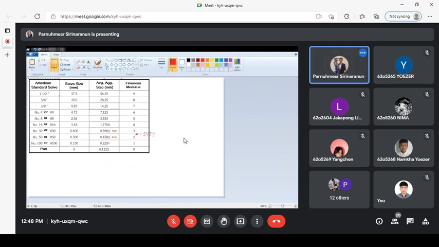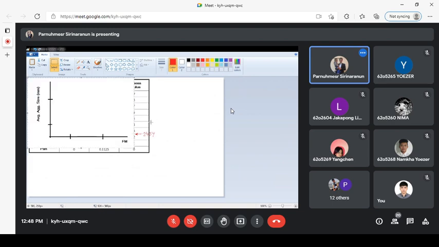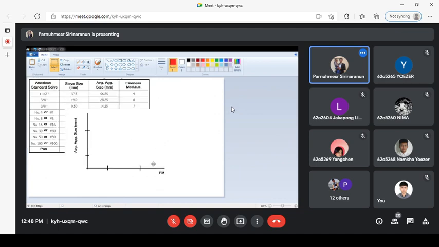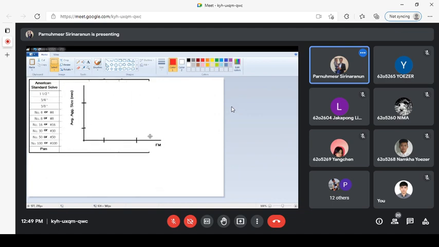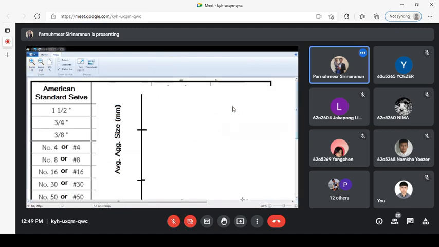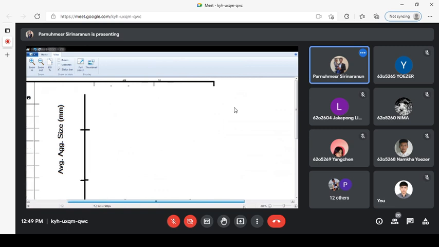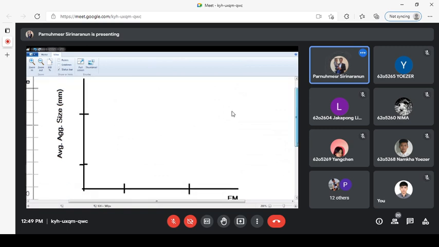Wait for a moment. You remember the number already, you have the number of your average aggregate size already. That's right. The technique is to draw the graph.